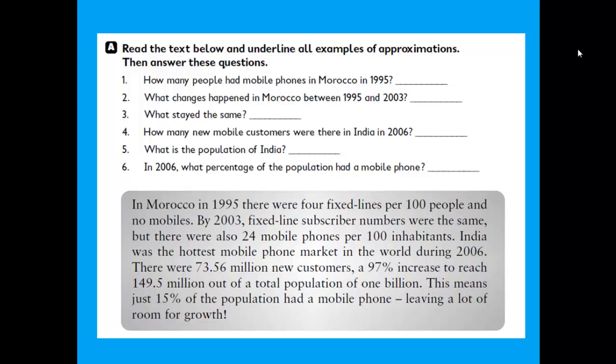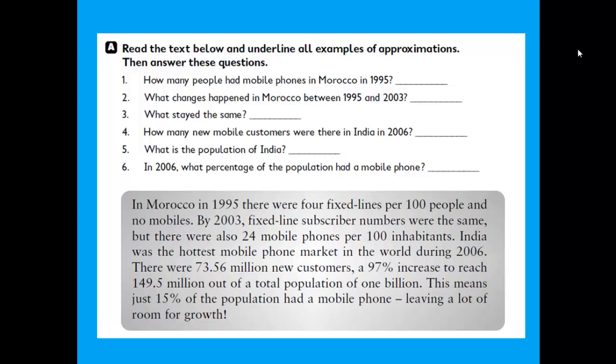India was the hottest mobile phone market in the world during 2006. There were 73.56 million new customers, a 97% increase, to reach 149.5 million out of a total population of 1 billion. This means just 15% of the population had a mobile phone, leaving a lot of room for growth.